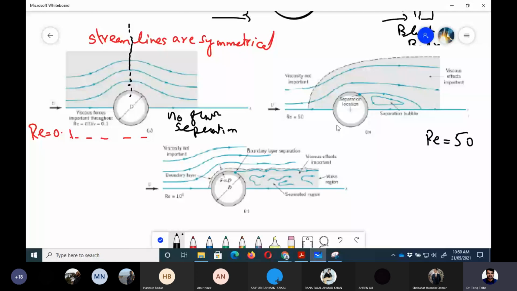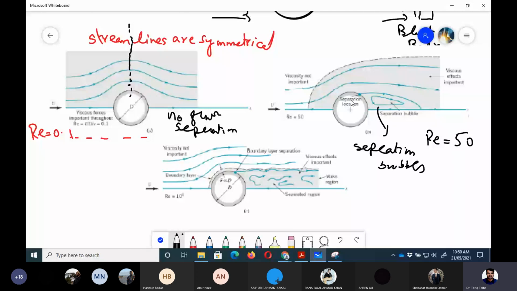You can easily see that on the front we have got streamlines like this, and on the back end there is a flow separation region. We call it a separation bubble. It means that there is a fixed region in the downstream area where the flow has been separated from the surface of the cylinder, right?